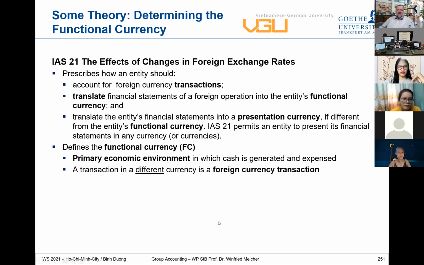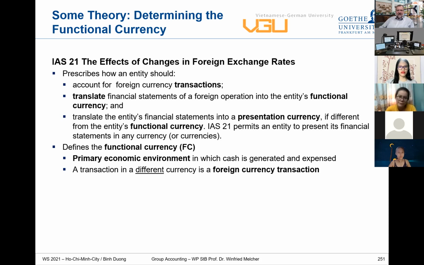Now, well, the standard prescribes how the entity should account for foreign currency transactions, so on the entity level. But it also describes how to translate financial statements of a foreign operation into the entity's functional currency.